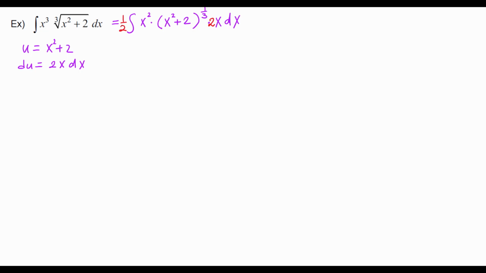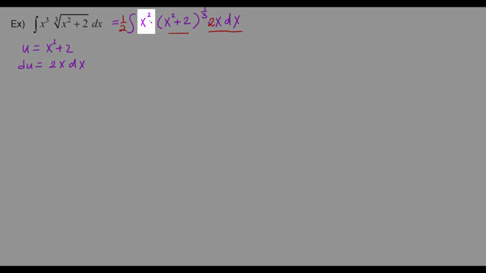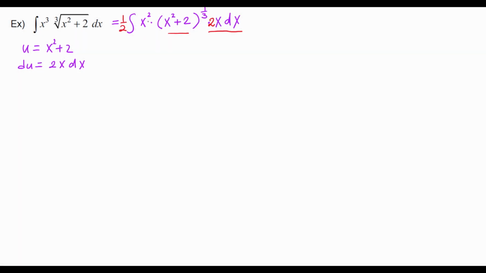And now, you already know that when you substitute, this will be substituted, and your problem's gonna have x squared. That x squared needs to be rewritten in terms of u. So what do you do again? You go back to where your u is, and this u is x squared plus 2.